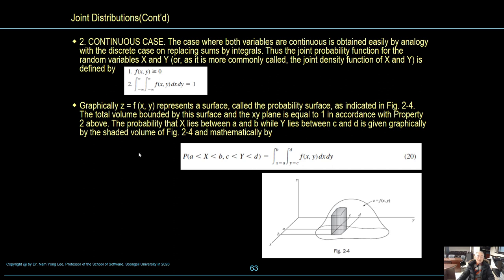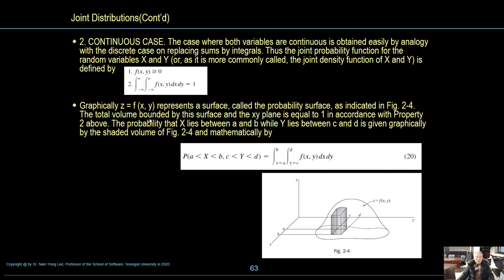Continuous case. The case where both variables are continuous is obtained easily by analogy with the discrete case, on replacing sums by integrals. Thus, the joint probability function for the random variables X and Y is defined by f(x, y) greater than or equal to 0, and the double integral of f(x, y) dx dy is equal to 1.